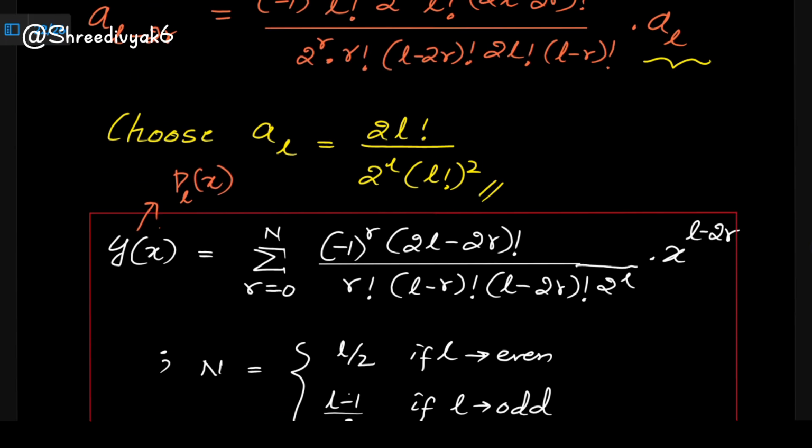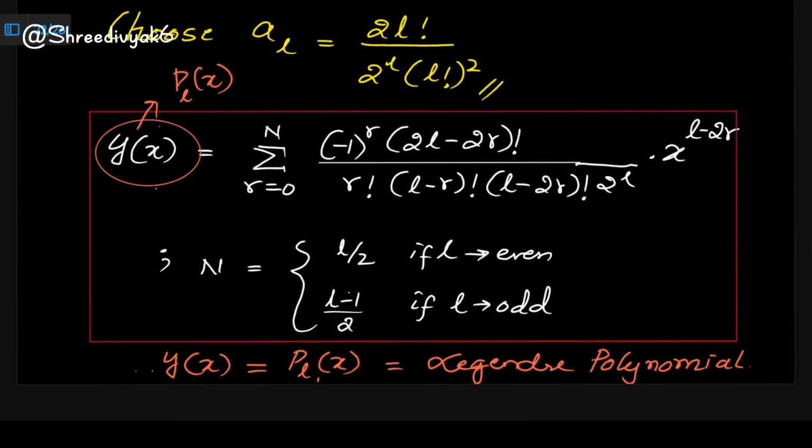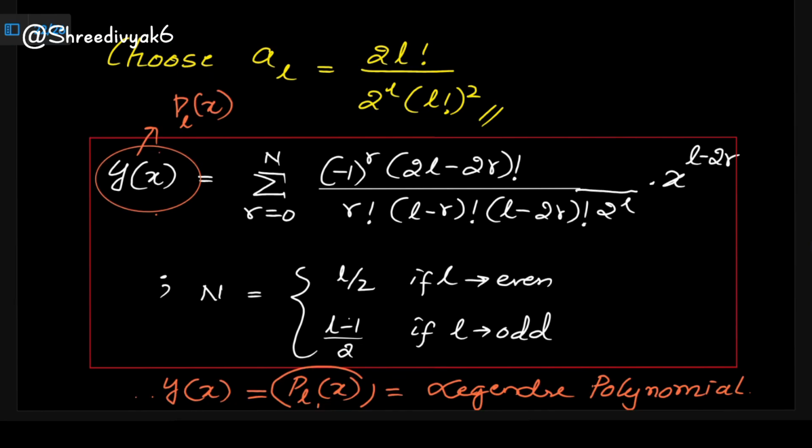So PL of x, nothing but y of x, we had assumed it as a descending power of x and found the value of y of x, found the solution to the Legendre differential equation in terms of L and R. Now that is Legendre polynomial. PL of x is naturally the solution to the Legendre differential equation.